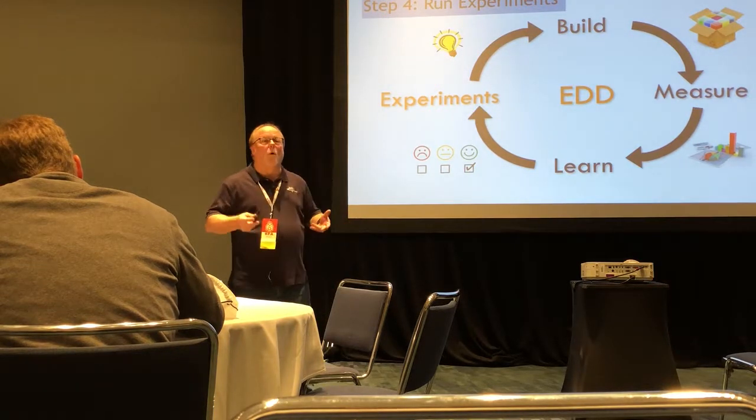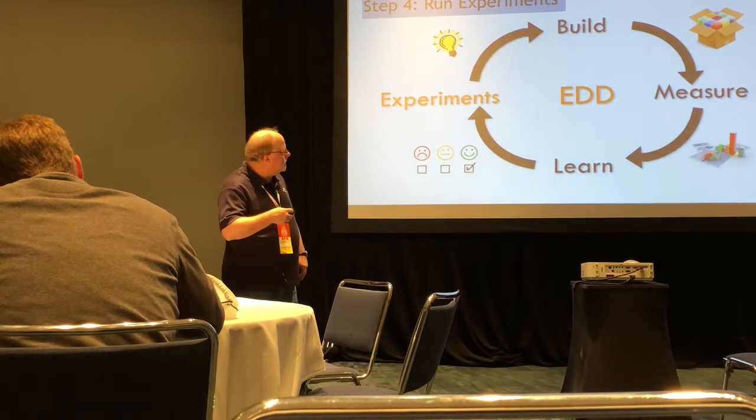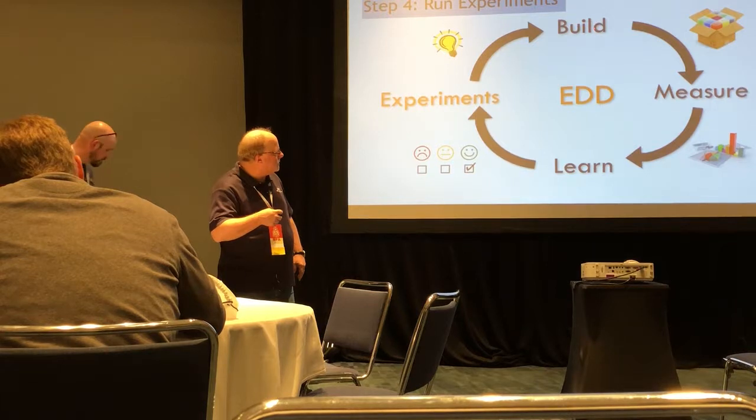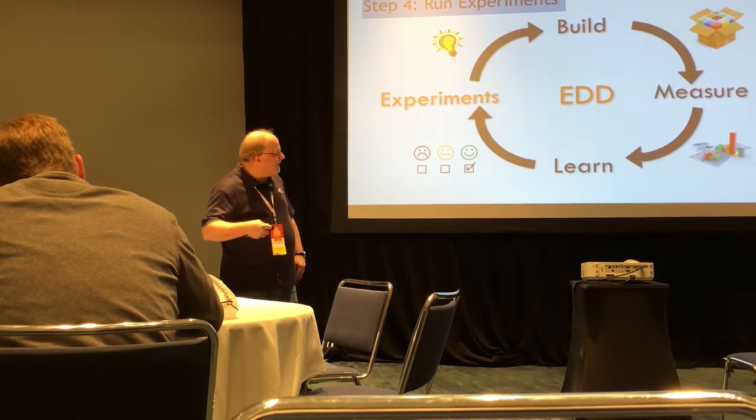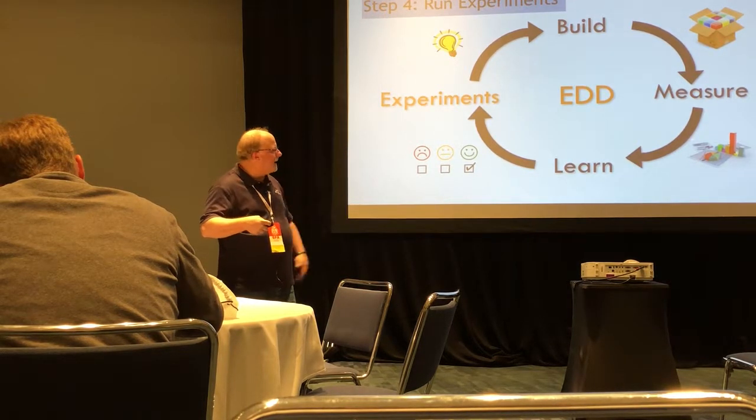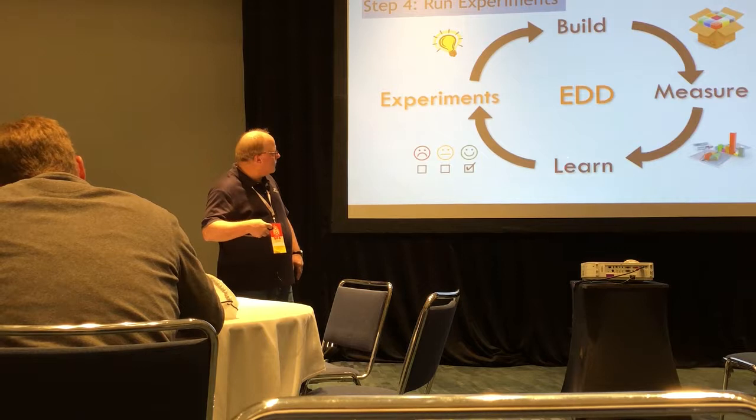And then step number 4, run experiments. Generally we're going to do this using the build, measure, learn loop. We're going to build the smallest product or mock possible in order to gain learnings. And then we're going to measure, based on analytics or witnessing how the user is actually interacting with our system, and then learn from that.